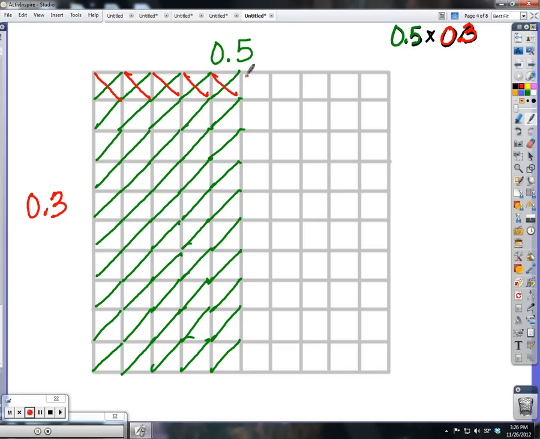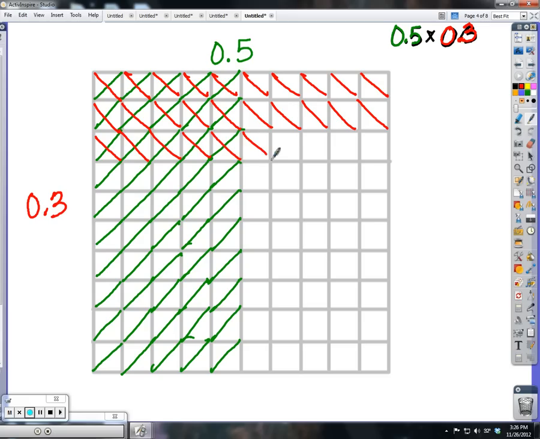So this would be 1/10 of the entire grid, 2/10, and 3/10 of the grid.